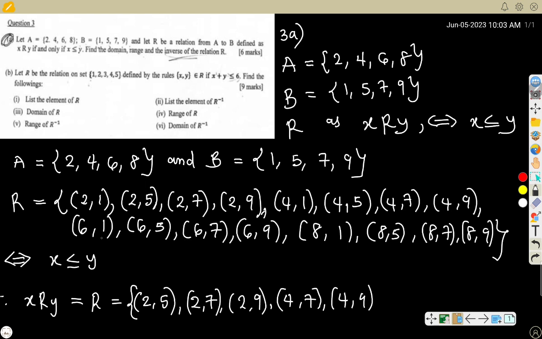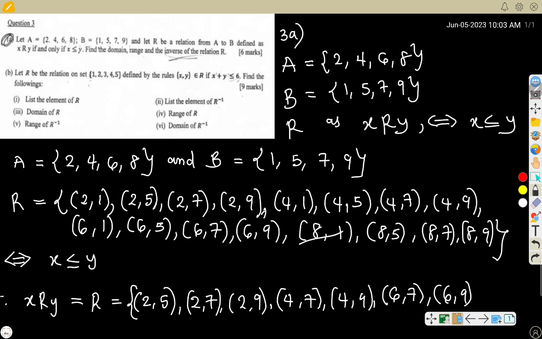I cannot pick 6, 1 because 6 is more than 1. So I can't pick 6, 5 because 6 is more than 5, x is more than y, like that. So I can pick 6, 7 because 6 is less than 7. I can pick 6, 9.